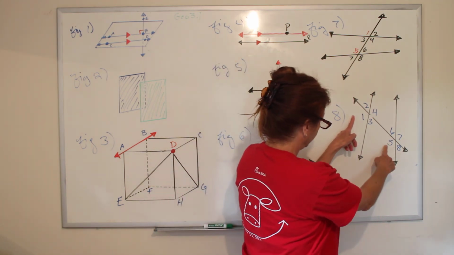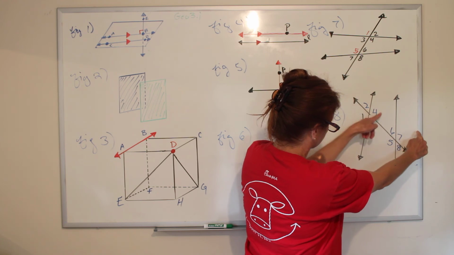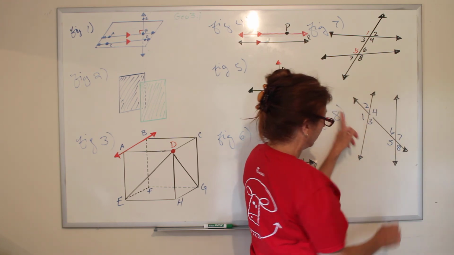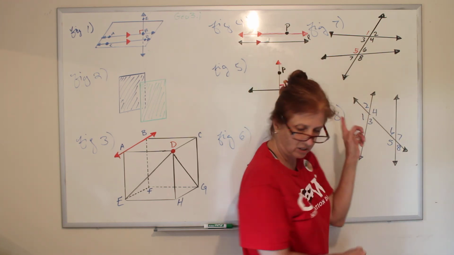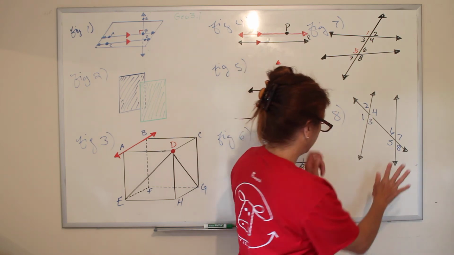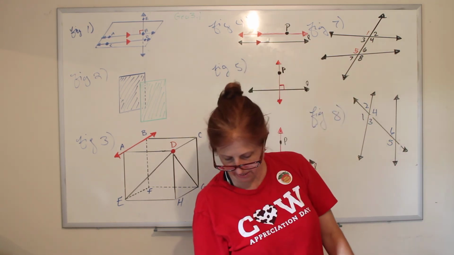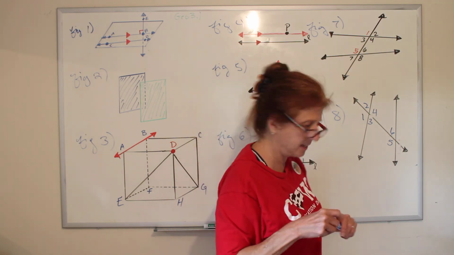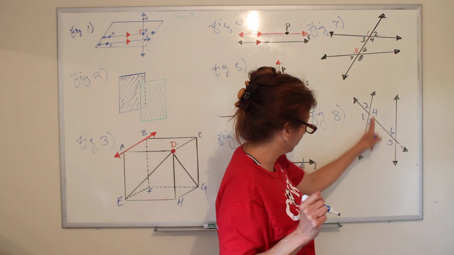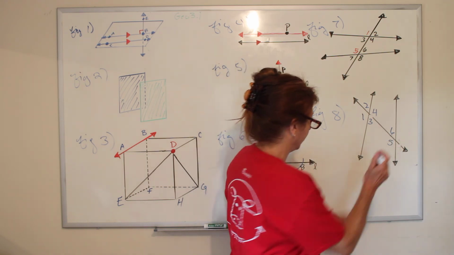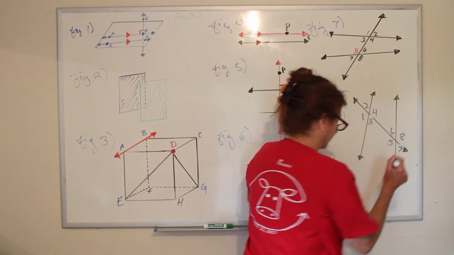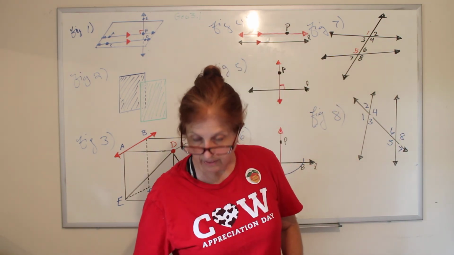Corresponding 1 and 5, 2 and 6, 4, 7, 3, 8. Alternate exterior. I did the same thing he did. It's because they did it one way on one side. They did 3, 4, but over here they did 8, 7. That's why I was confused.